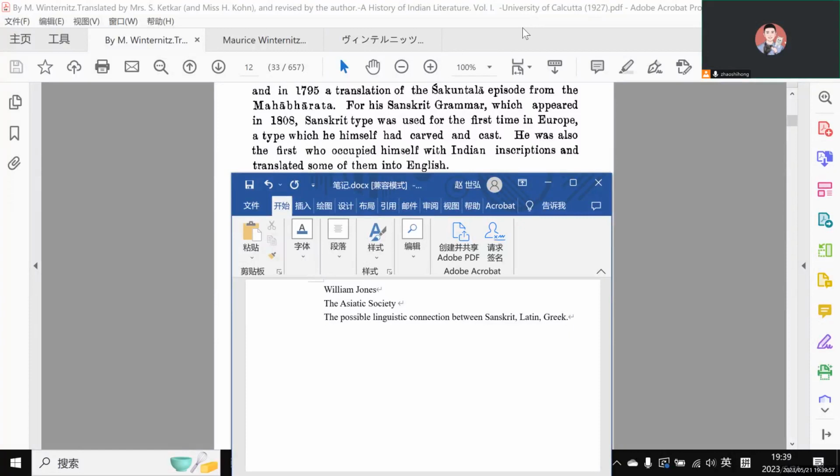He found that these three ancient languages had some astonishing similarity if we just look into the details. That can be said to be the starting point for comparative linguistics, 比较语言学.